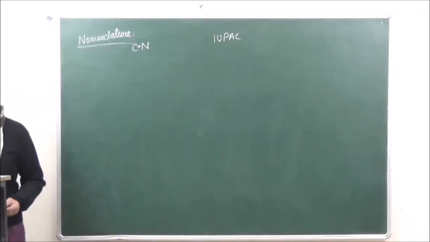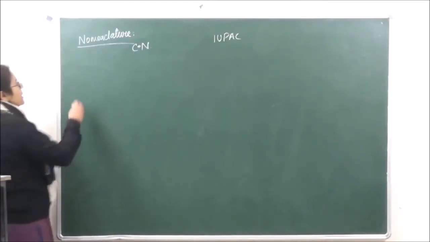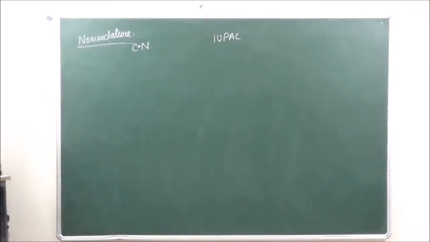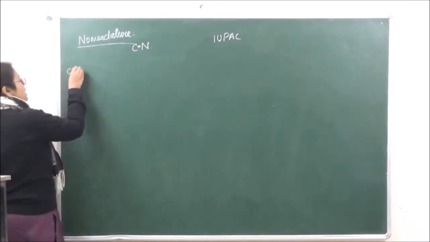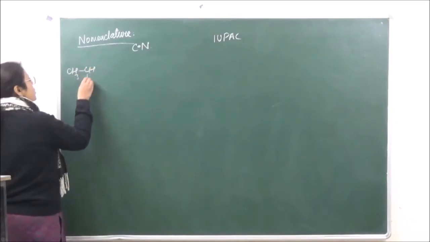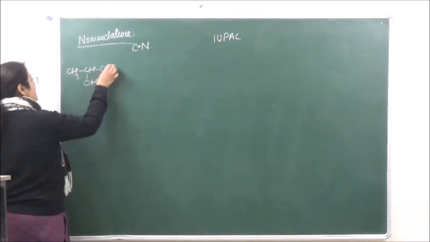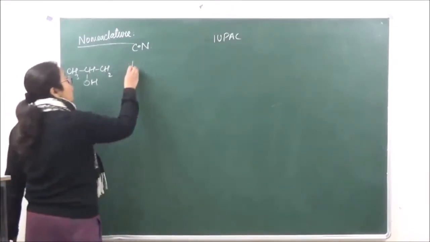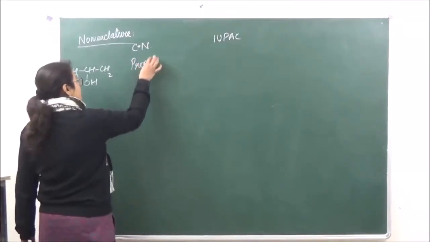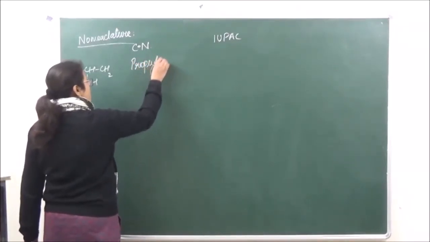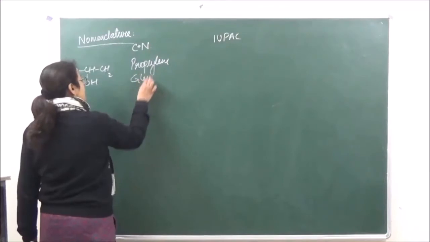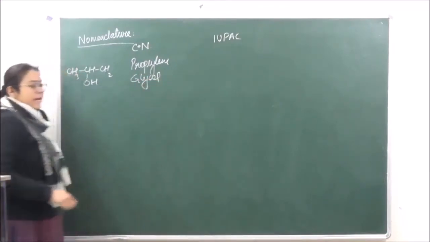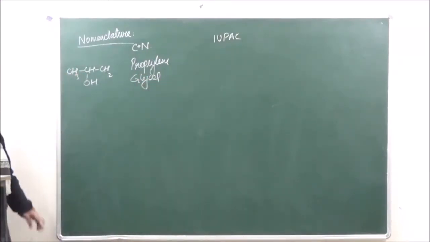Alright, so when we're going to other examples, we are taking over here now polyhydric alcohols. We've taken already ethane 1,2-diol. If we have CH3, CHOH and CH2OH, right? So this is known as what? The common name is propylene glycol.